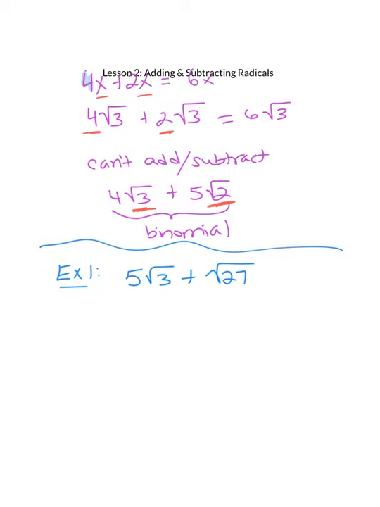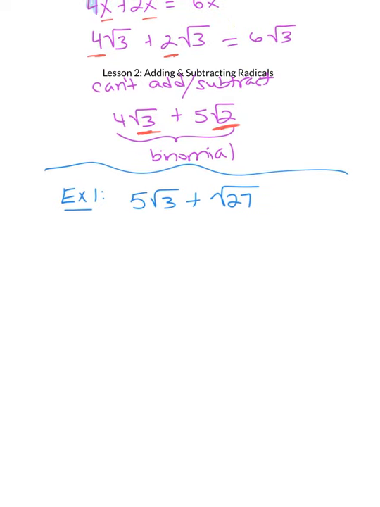If you're asked to simplify that, you have to first take a look at whether every radical has been simplified completely. And the square root of 27 can be simplified. So in order to see if perhaps you can add these, you simplify this.